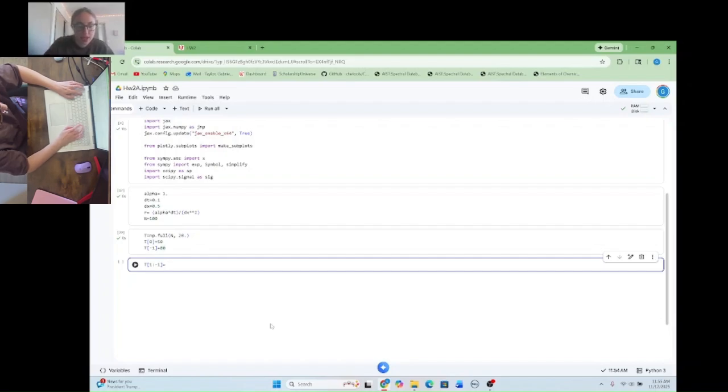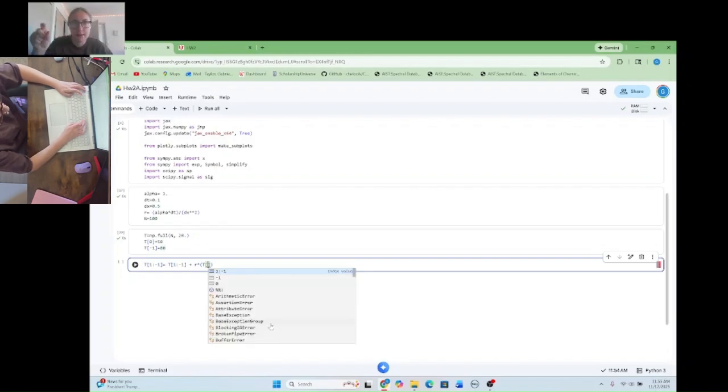And then we have Tj, which is going to be T[1:-1]. So Tj is pretty much, if you do 1 to -1, that's going to be all the places except for the first one and the last one. So it's going to be taking out that 50 and 80. So it's going to be all the values in between. So then we have plus, and then we have r times, right? And let's do, so it's Tj, right?